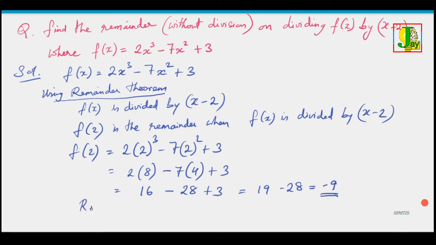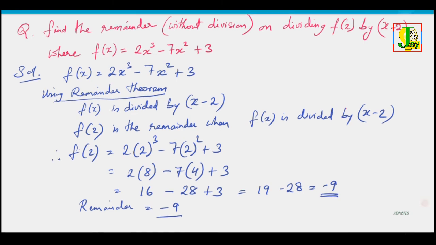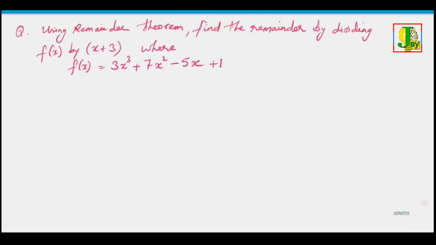So remainder equals minus 9. So we found the remainder without using division, but by using remainder theorem. Okay, here also we have the same thing, just this divisor is changed with a bit of different sign.